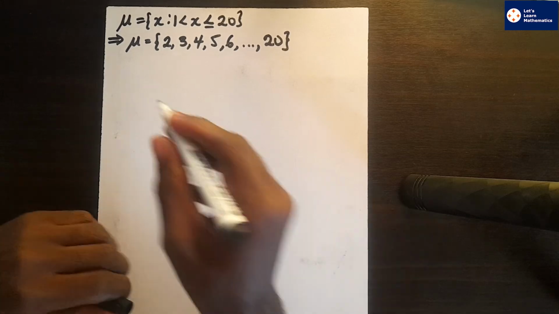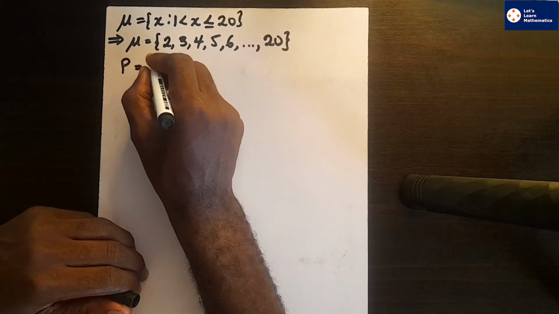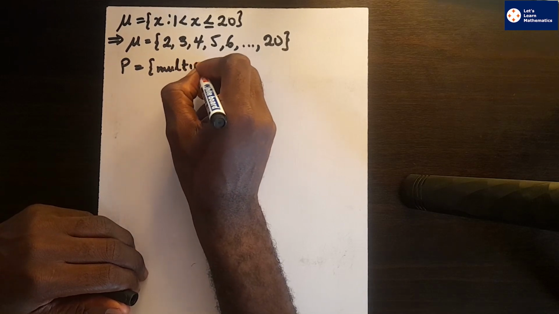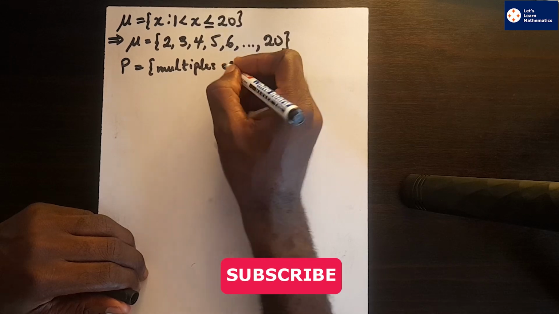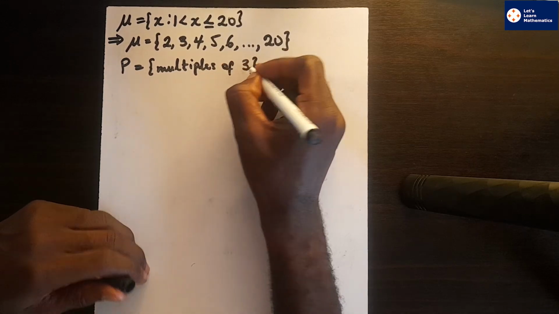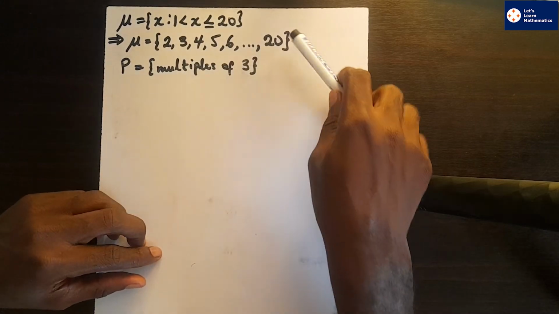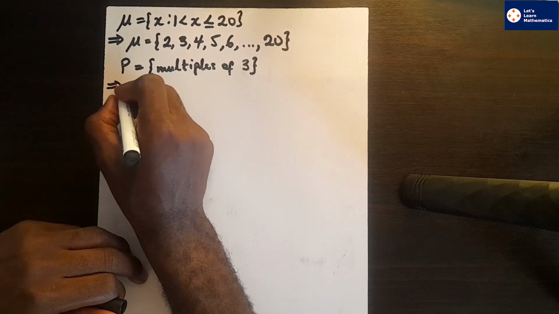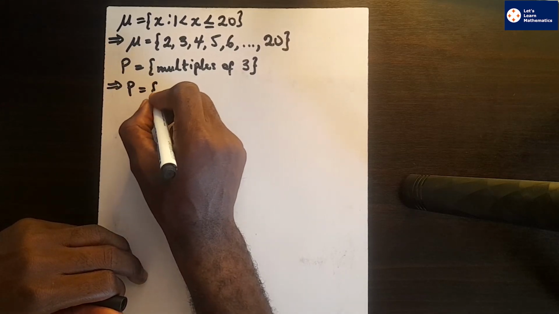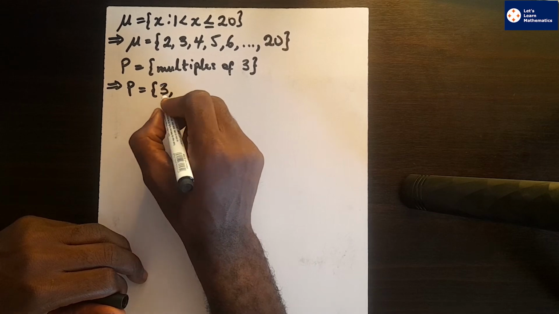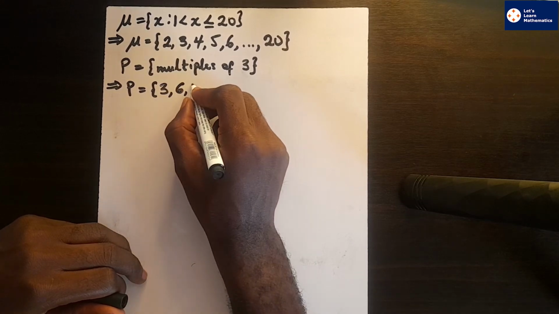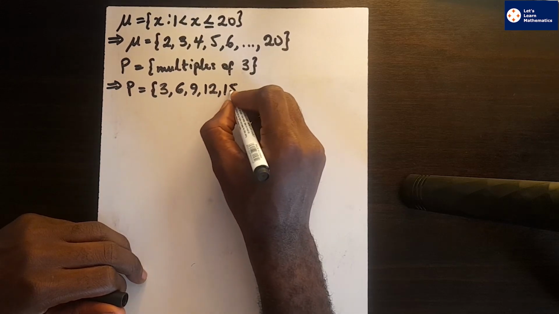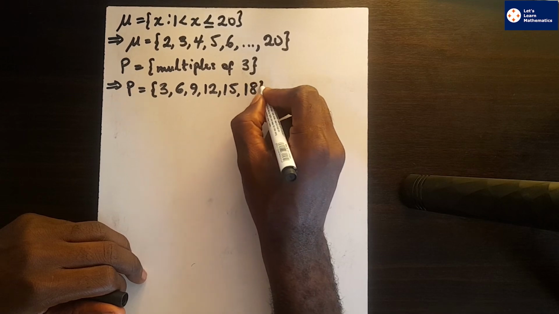Then we have P. The set P contains multiples of 3. So we list the multiples of 3 that are inside this universal set. The first multiple of 3 is 3 itself. Then we have 6, 9, 12, 15, 18.